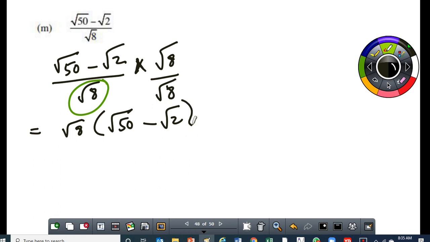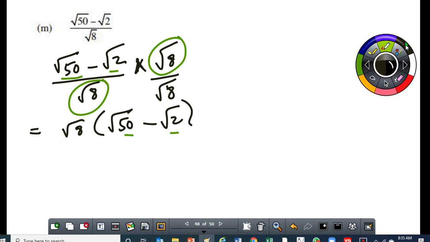What I've done is taken this square root of 8 and multiplied it by both square root of 50 and square root of 2. I put it inside brackets because this is like a binomial from your knowledge of algebra.